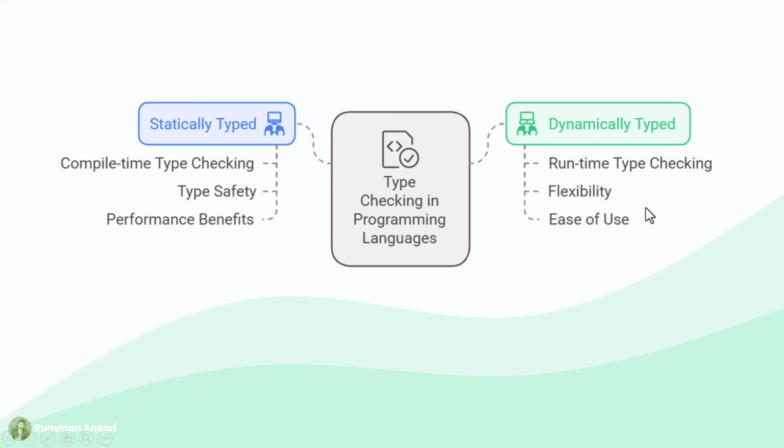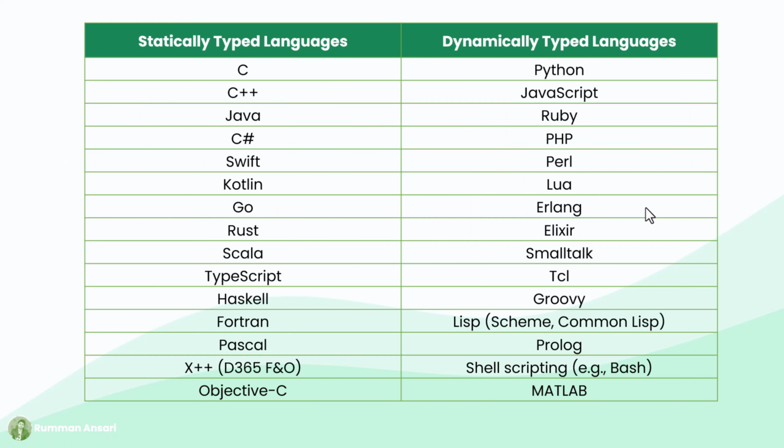I hope now these points are clear. Now in this section you can see examples of statically typed languages and dynamically typed languages. On the left side, C, C++ are there, and on the right side you can see Python, JavaScript, Ruby, PHP. You can pause the video and look at the examples.